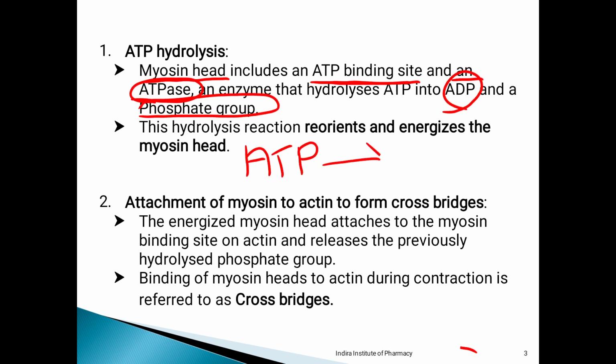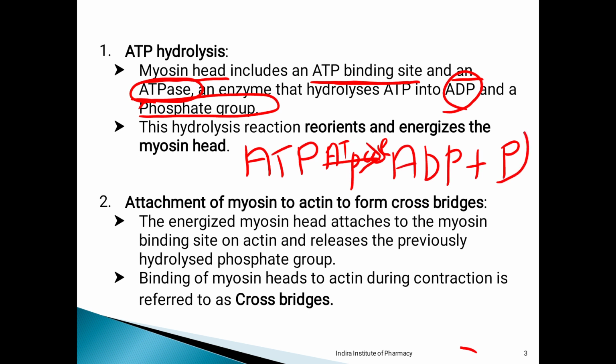So ATP is hydrolyzed into ADP plus phosphate by the enzyme ATPase. Once this ATP is hydrolyzed into ADP and phosphate, this hydrolysis reaction reorients and energizes the myosin head.